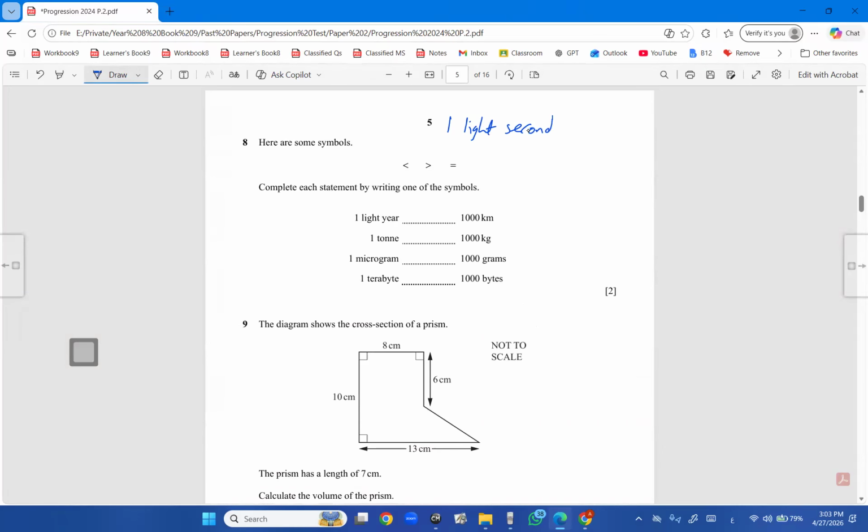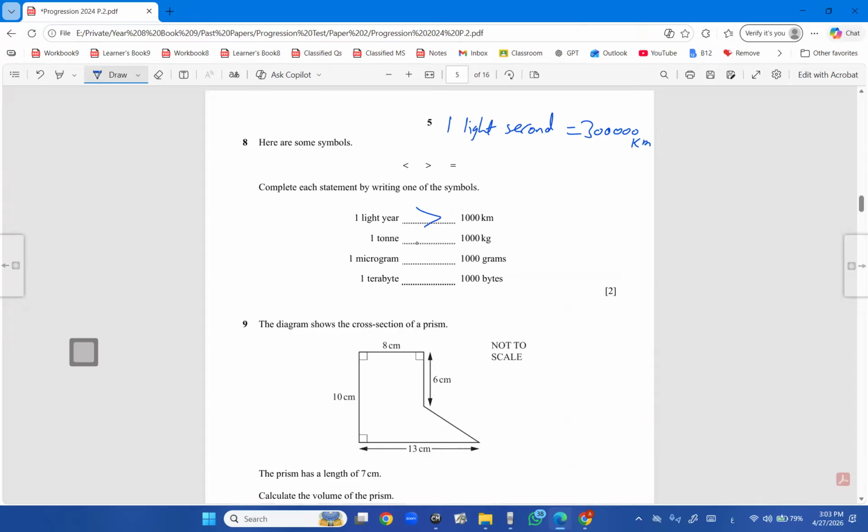One light second is approximately, not exactly, 300,000 kilometers. In 1 second, the light travels around 300,000 kilometers. So definitely it is greater than 1,000 kilometers, the light year. One light second is actually greater than that.